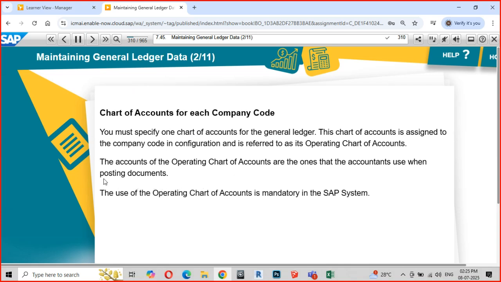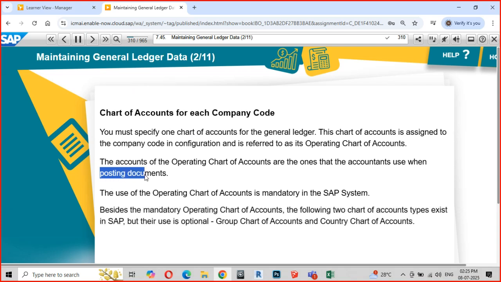And please give me some time to tell you what is posting documents. It is nothing but your transactions. Putting your financial transactions into the SAP system is called posting documents. Posting is an activity of saving the transaction in the SAP system. Your document is the transaction.